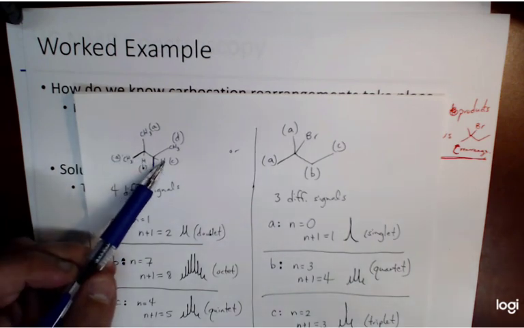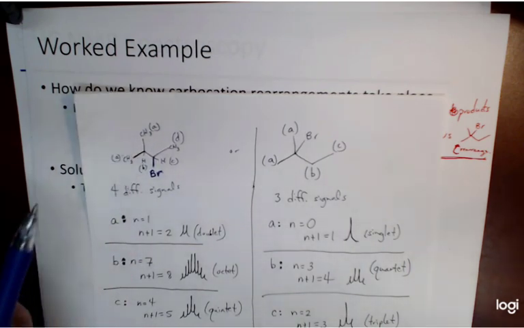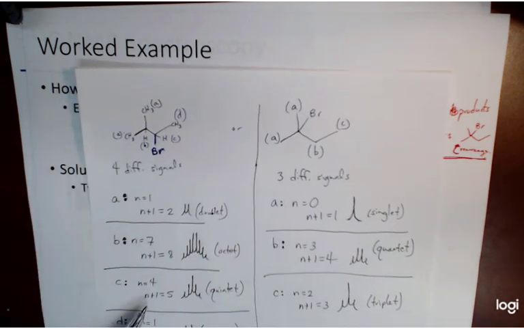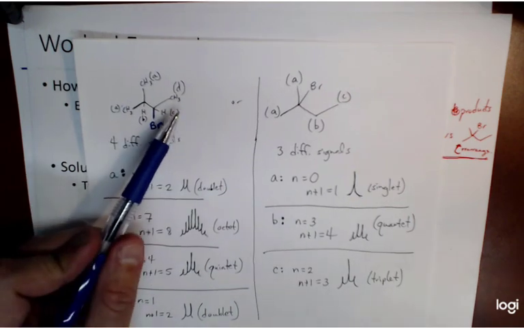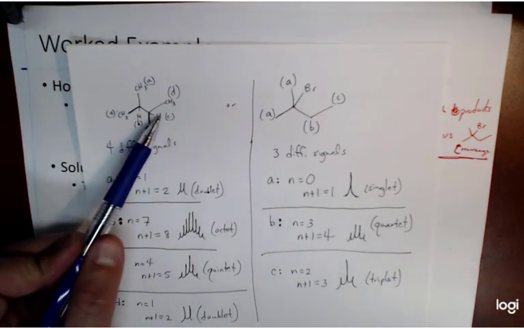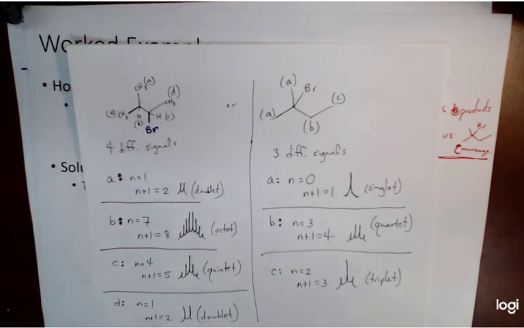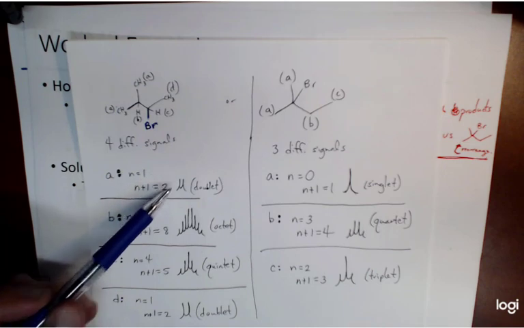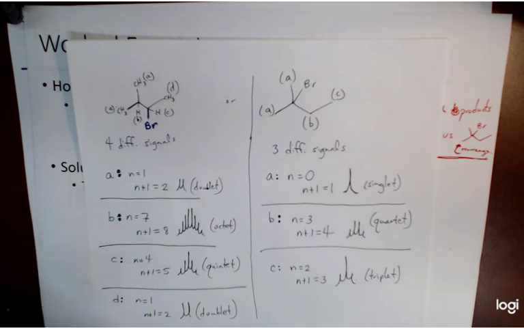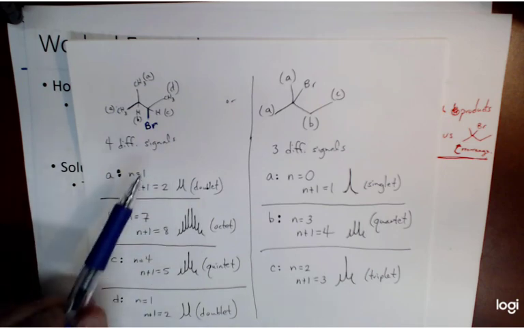Looking at the C hydrogen, we see 4 neighbors, so n is equal to 4, so we would see n plus 1 or 5, a quintet. And lastly, the D hydrogens only have one neighbor hydrogen, so we would see a doublet, n plus 1 is equal to 2. So we would see 2 doublets, an octet, and a quintet in that spectra if that were the product.